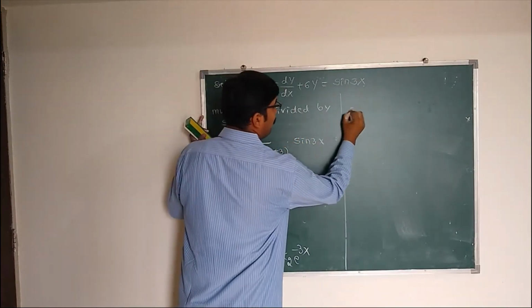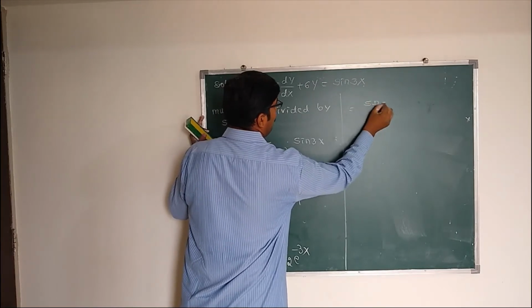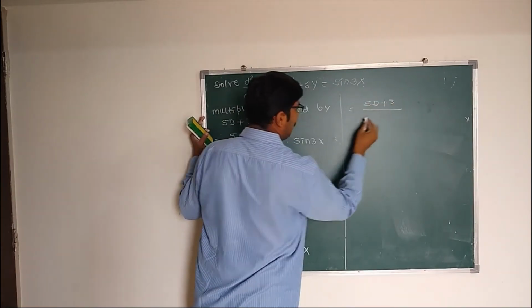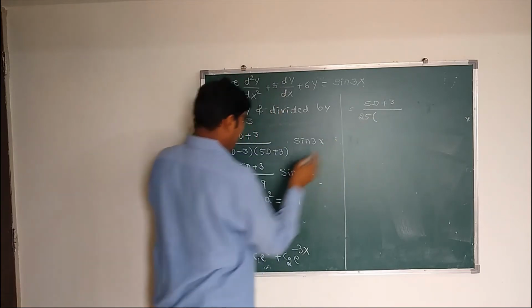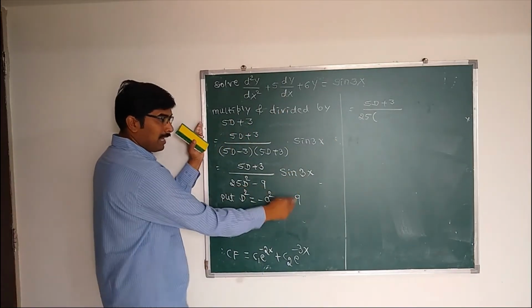This is equal to 5D plus 3 divided by 25 into D square value, which is minus 9.